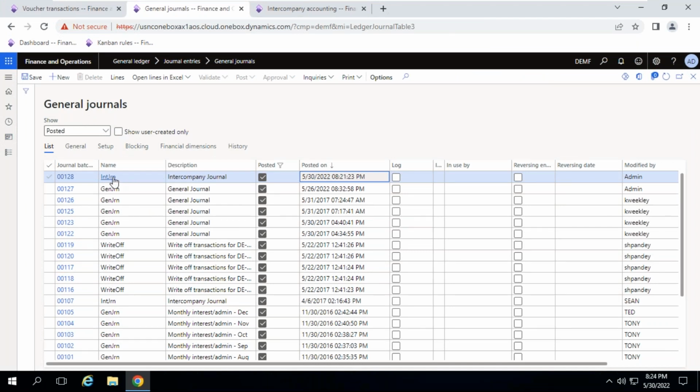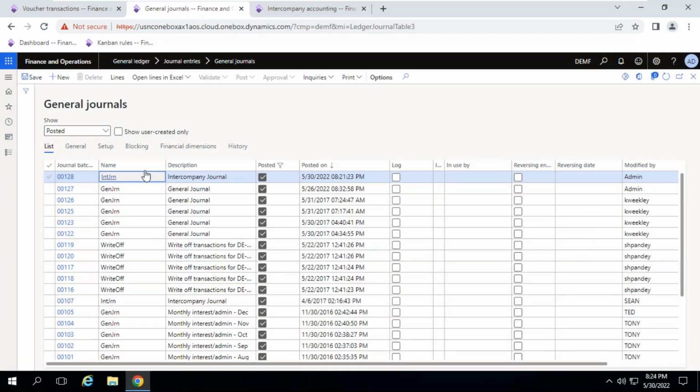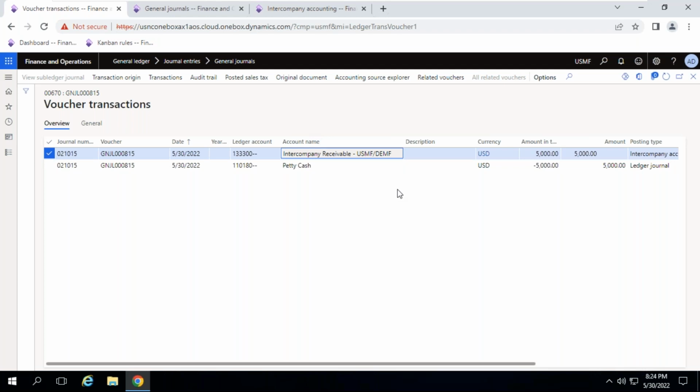Actually, this journal is a daily journal only. Nothing new here, a small one only. The naming convention is given as intercompany journal. Understood? Any questions here?